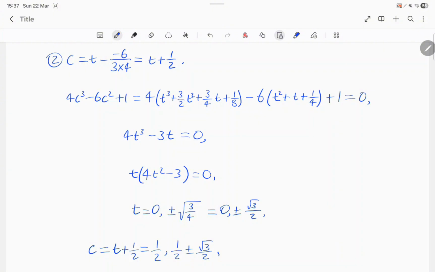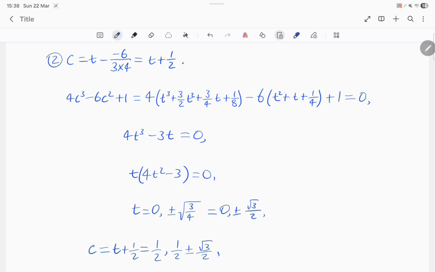We can then substitute t plus 1/2 is equal to c into the equations and then simplify to give 4t cubed take 3t is equal to 0. This is a special case of a depressed cubic, and it is very easy to solve because it can be factorised into t, and 4t squared take 3 is equal to 0, and therefore we have that t is equal to 0 or plus minus root 3 over 2.